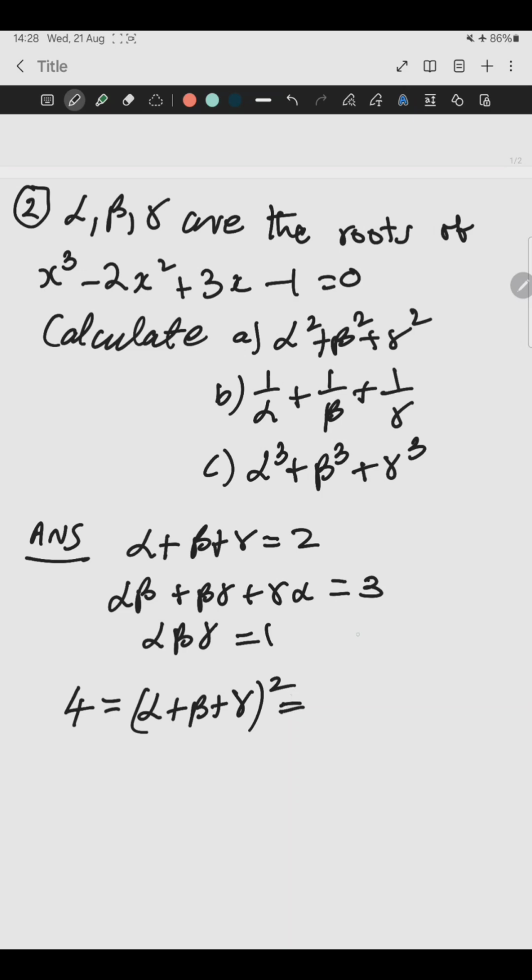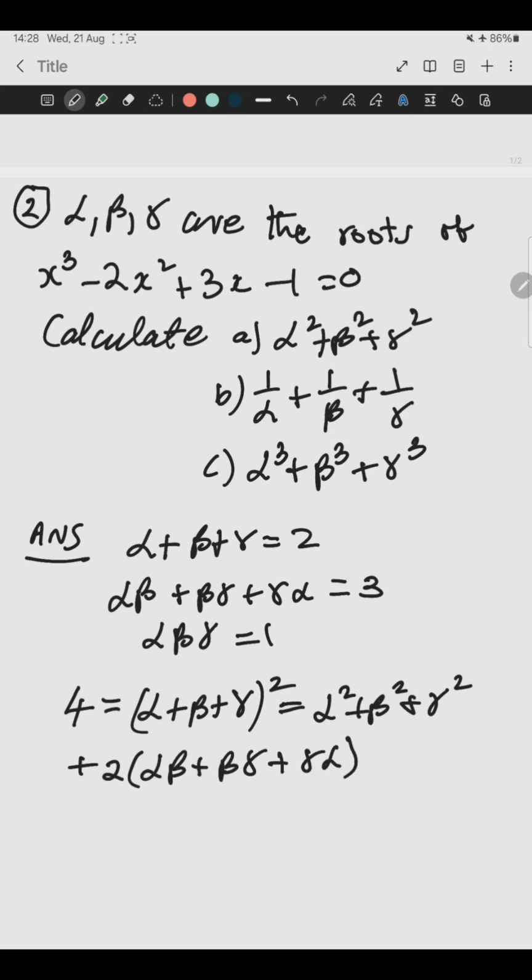Multiplying all that out, we get alpha squared plus beta squared plus gamma squared plus twice alpha beta plus beta gamma plus gamma alpha, which equals alpha squared plus beta squared plus gamma squared plus twice. The alpha beta plus beta gamma plus gamma alpha part is equal to 3. So that's 2 times 3.